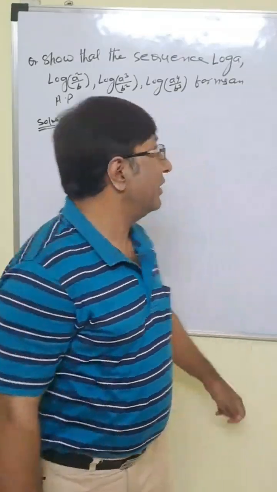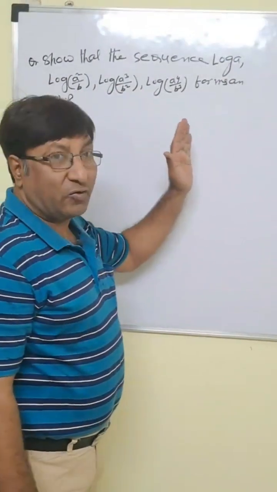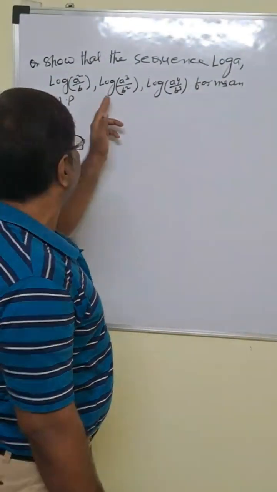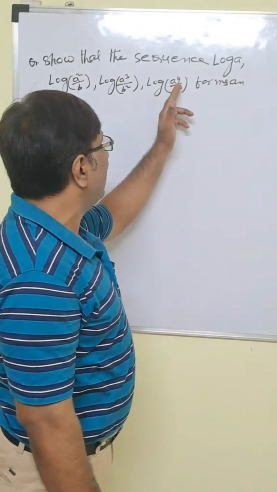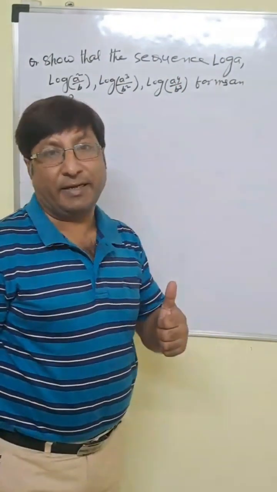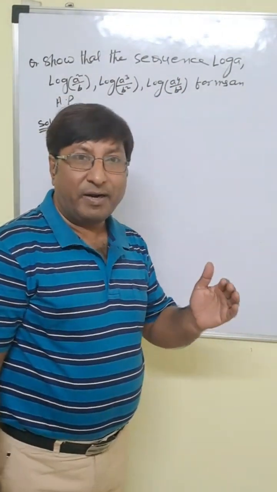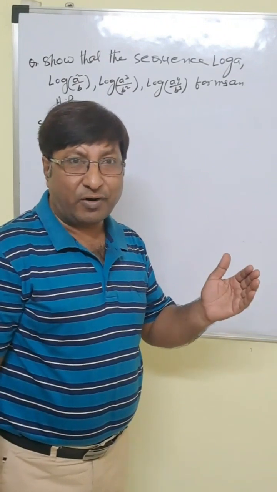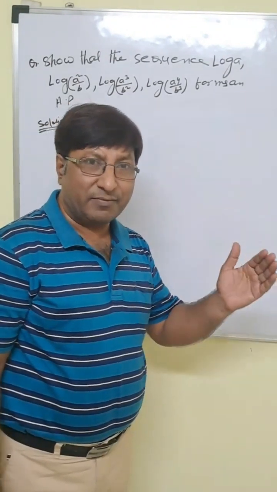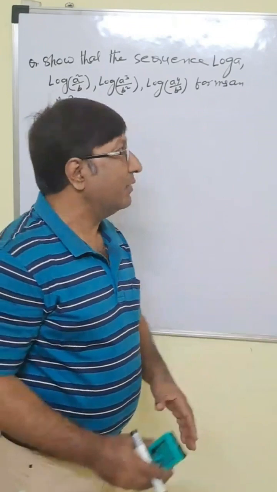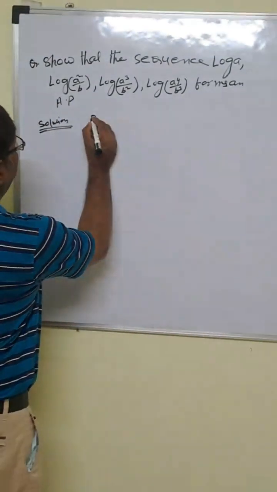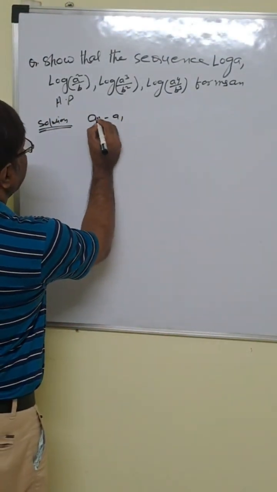Let's see the question. Here the question is that the sequence log a square by b, log a cube by b square, log a to the power 4 by b cube forms an AP. So for an AP, the common difference should be the same. The common difference is A2 minus A1, A3 minus A2 and so on, which will be the same. So here we are checking the common difference, that is A2 minus A1.